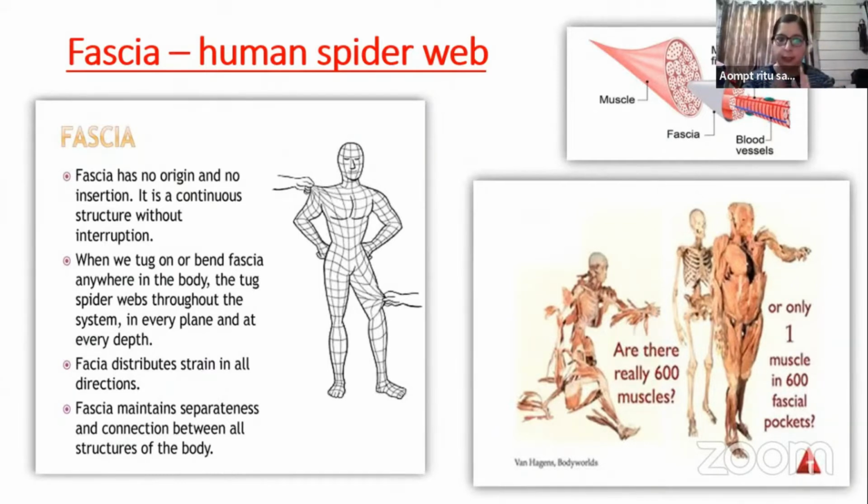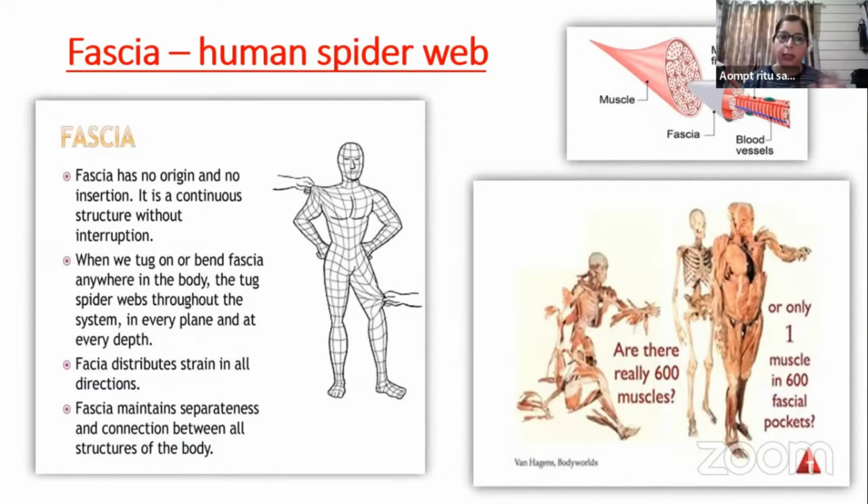Because of that, since the fascia is a full web, we have to treat both. One is a contractile structure, and in the fascia there is no specific point from where it is coming or where it is inserting. So we have to check the whole covering of our body.